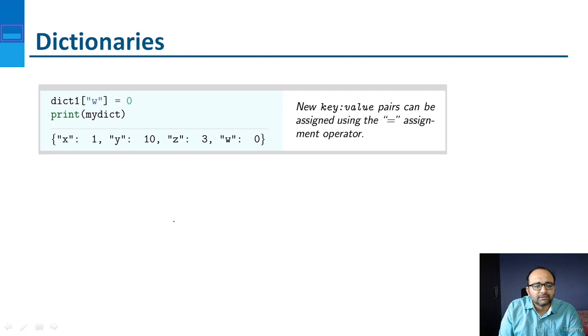Next, similarly, we can also update dict1 of W equal to 0. This is adding a new entry to the existing dictionary. Again here we can write dict1 to see the content, and after adding a new key value pair, it will display.